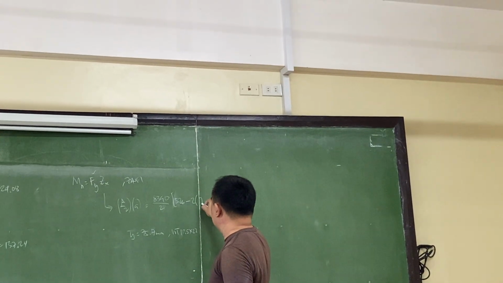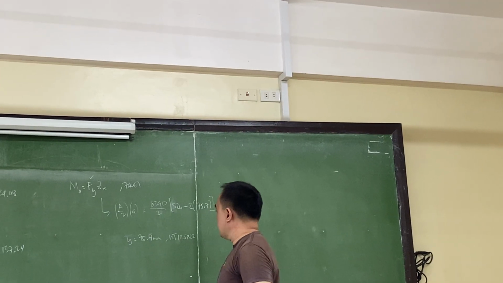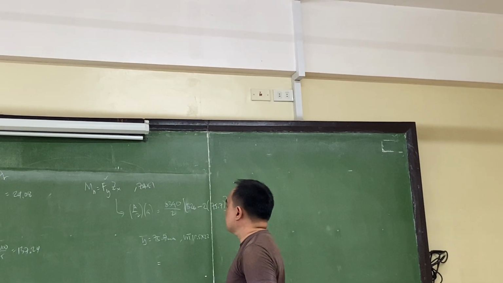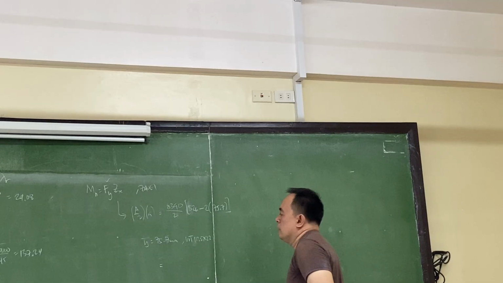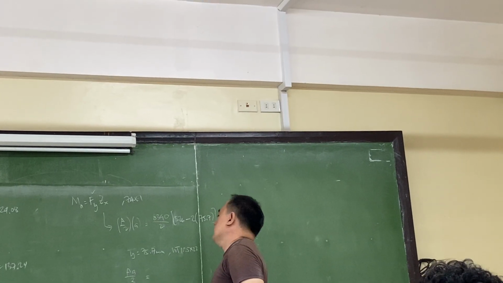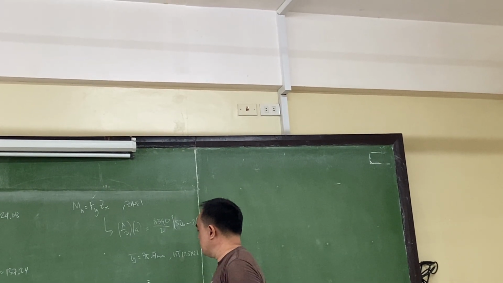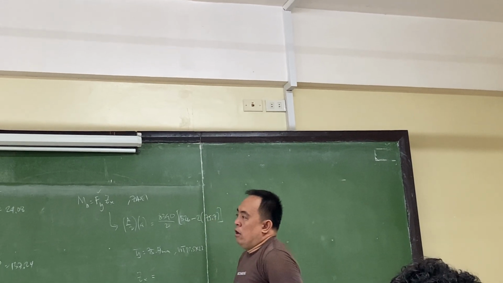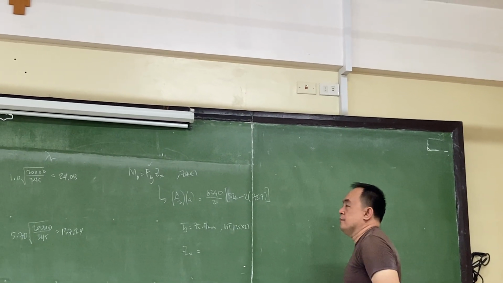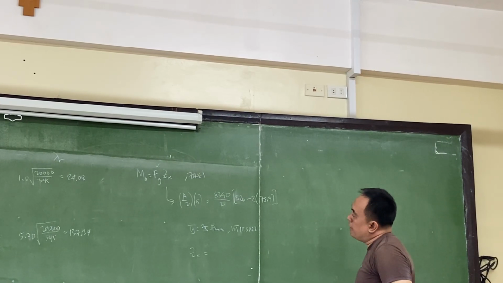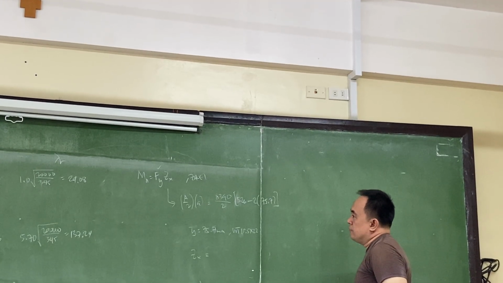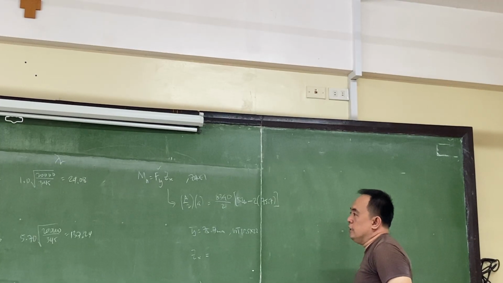Minus 275.7. So your A over 2 is equals to, that is C. This is your X. Is equals to what? 1571.45. Usually it is in thousands, no?